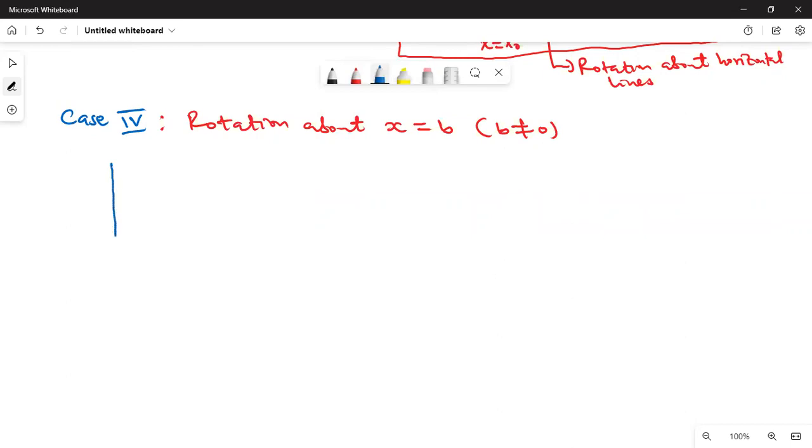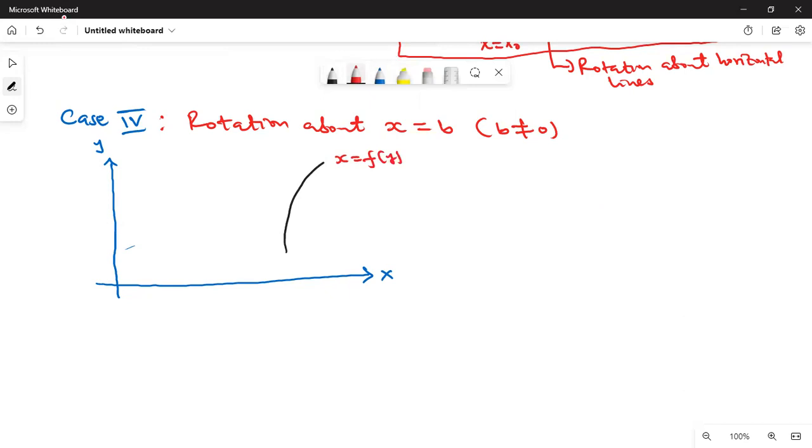Let's have the y-axis, x-axis, and let's say our curve is something like this. So you could write x is equals to a function of y.